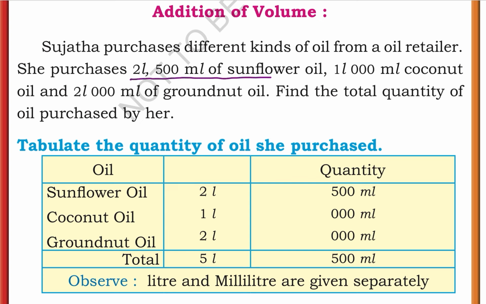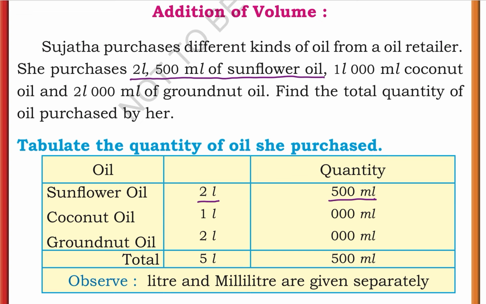You write the given data, what is given in the question, you have to write it down. What is the volume of sunflower oil she purchases? 2 liter and 500 milliliter.